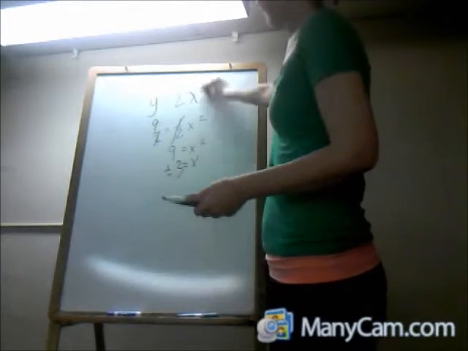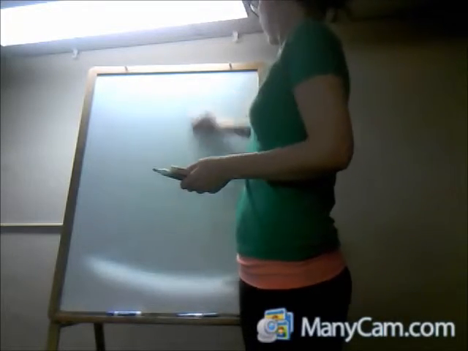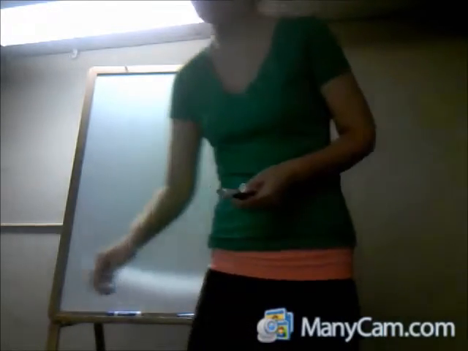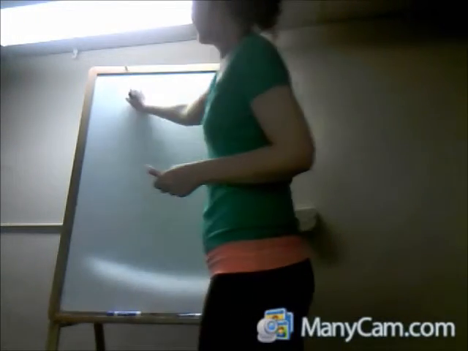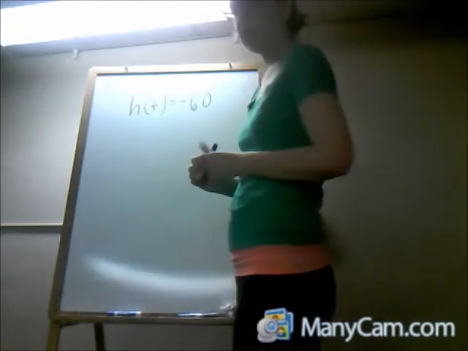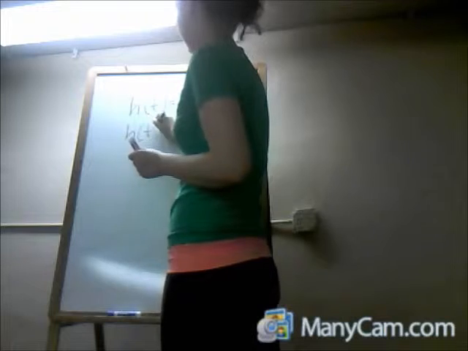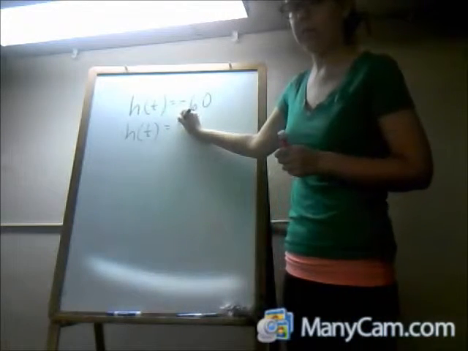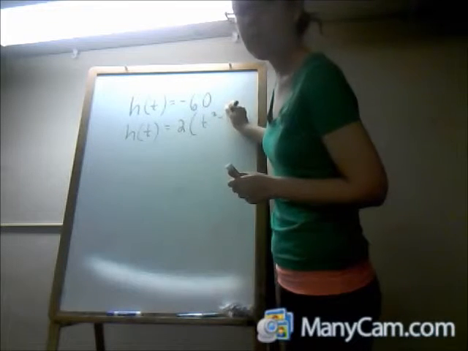Okay, so let's look at 14. So h of t is equal to negative 60, and they're telling us that h of t, the function, equals 2t cubed minus 3.